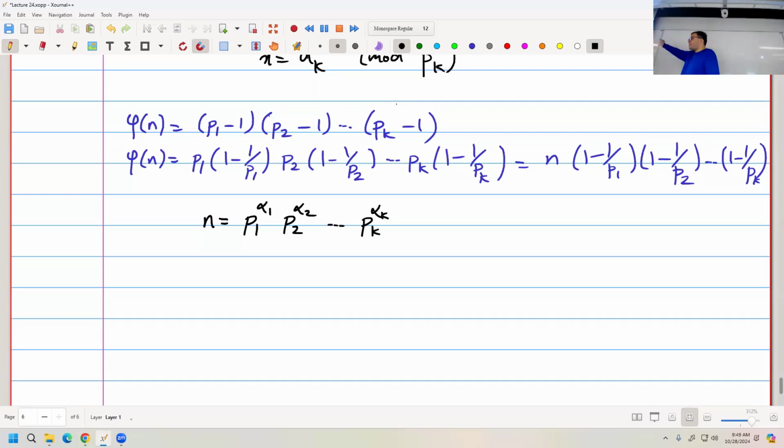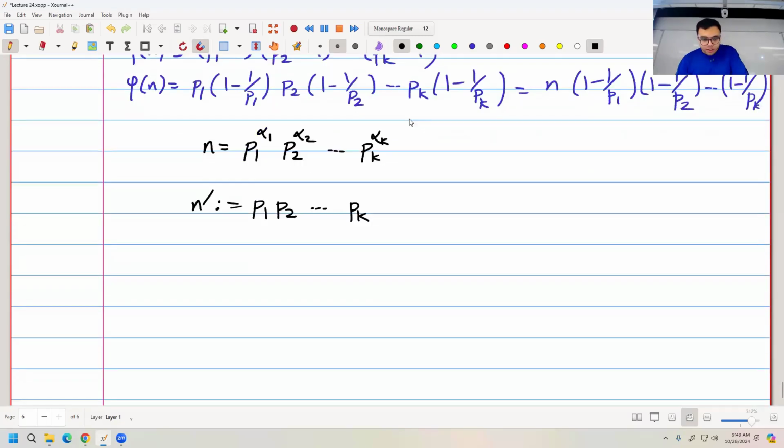Just remove the extra powers that you don't need. So just define n prime to be p1 times p2, so on to pk. Now, a number is relatively prime to n prime if and only if it's relatively prime to n, because they have the same prime factors.